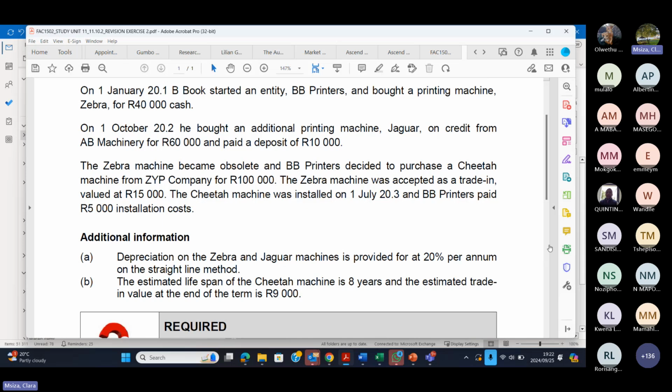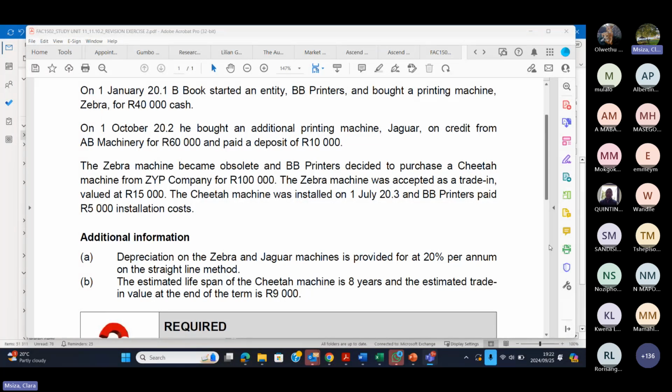So we've got a Zebra machine, which was bought on 1st Jan 20.1 for cash for 40,000. On the second line, they are talking about the Jaguar machine. On the third paragraph, they said Zebra machine became obsolete and BB Printers decided to purchase a cheetah machine from ZYP company for 100,000.